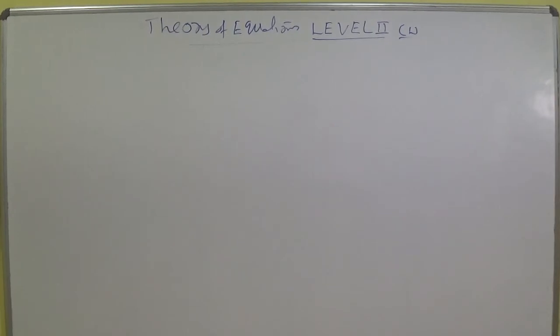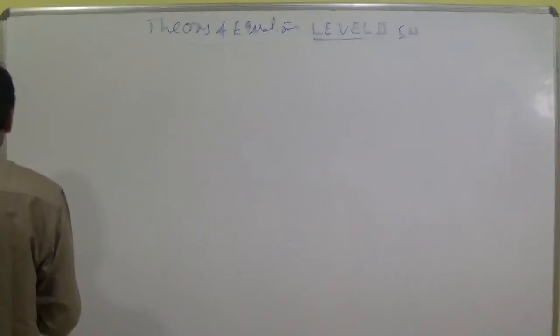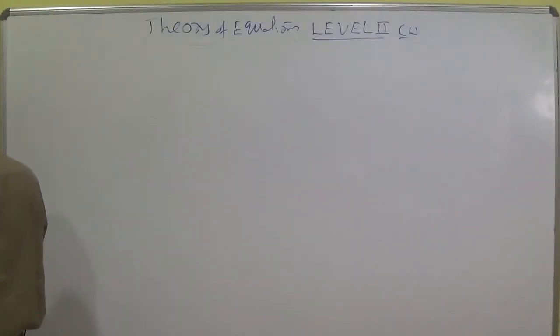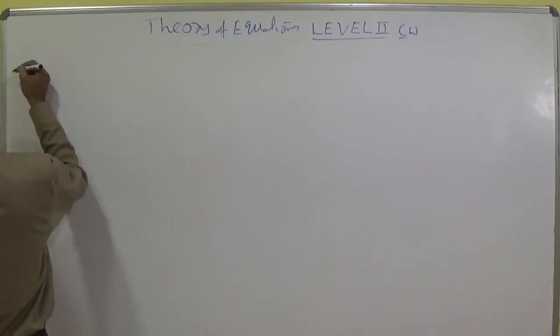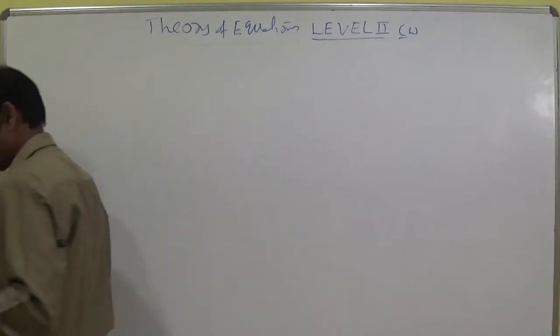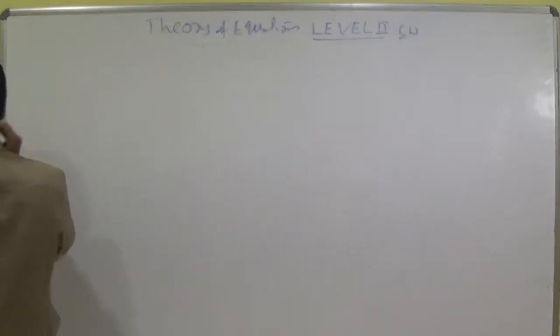After getting the equation, you can get the value, and by the synthetic division method you can get the roots. Otherwise, you can verify the roots also. Now let us discuss question 37.